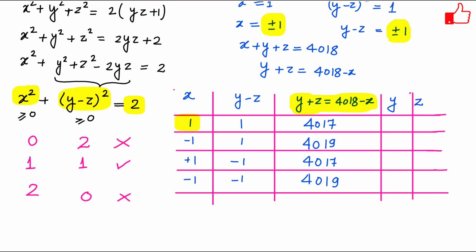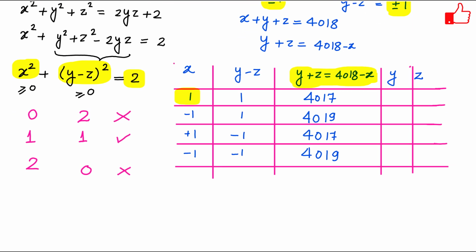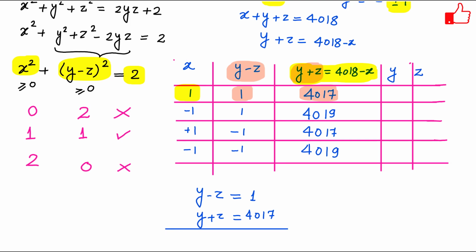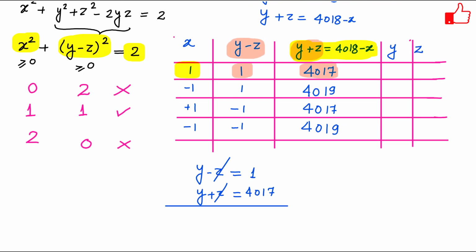Now I have two equations. In the first case, the first equation is y − z = 1, and the second equation is y + z = 4017. Let us add these two equations. Then z will cancel and you will have 2y = 4018.